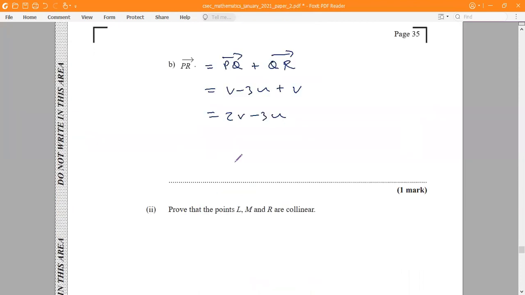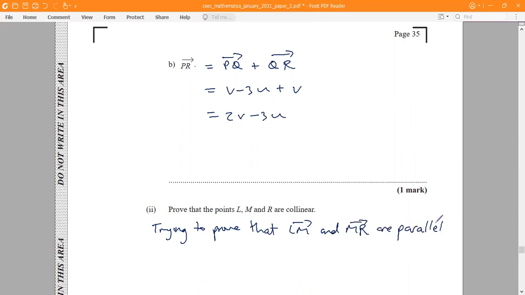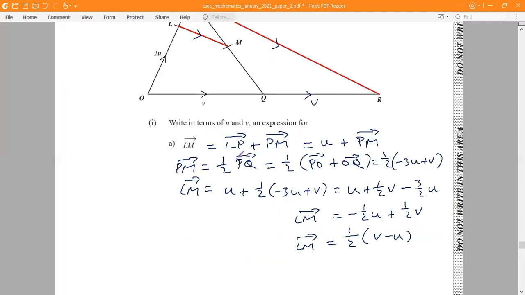Prove that the points L, M and R are collinear. We are trying to prove that LM and MR are parallel. If they are parallel and they share a common point, that implies they are collinear, meaning they all lie on the same straight line. So let's draw a line here.